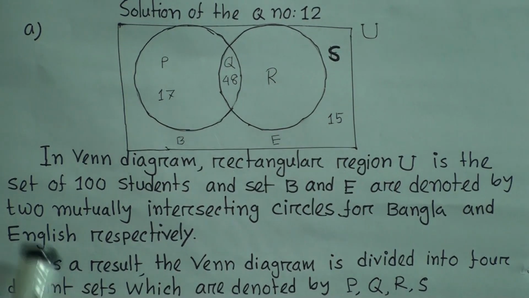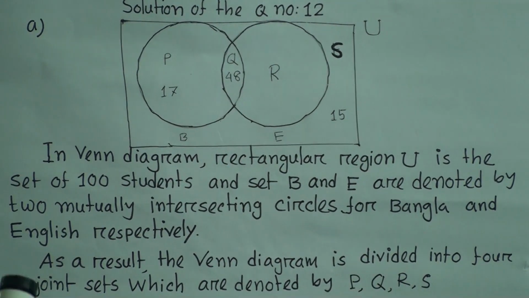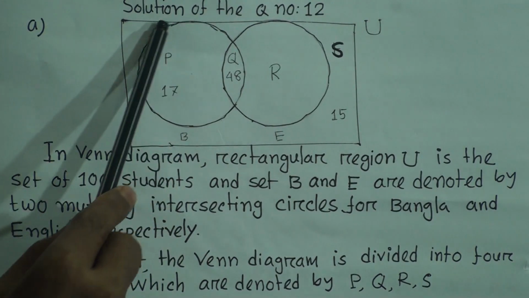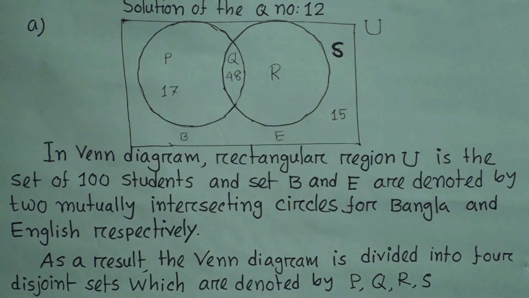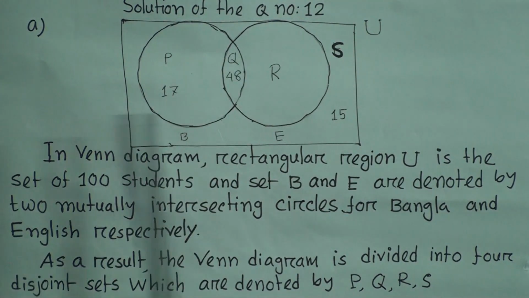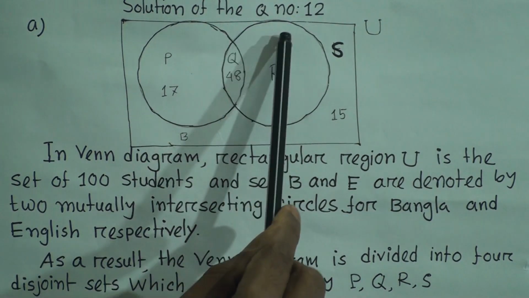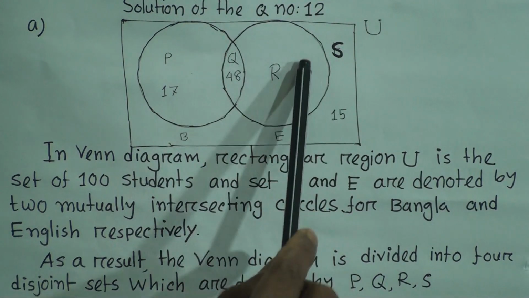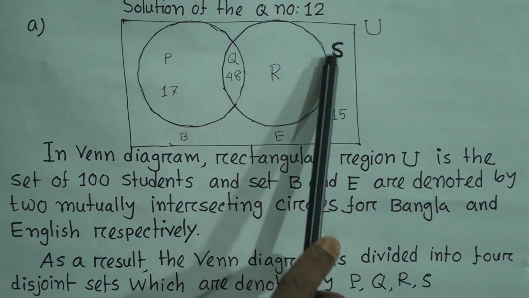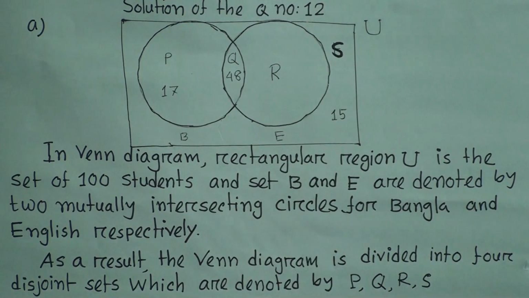As a result, the Venn diagram is divided into 4 disjoint sets, denoted by P, Q, R and S. This is P, this is Q, this is R, and this is S, the failed students, that means 15 students.